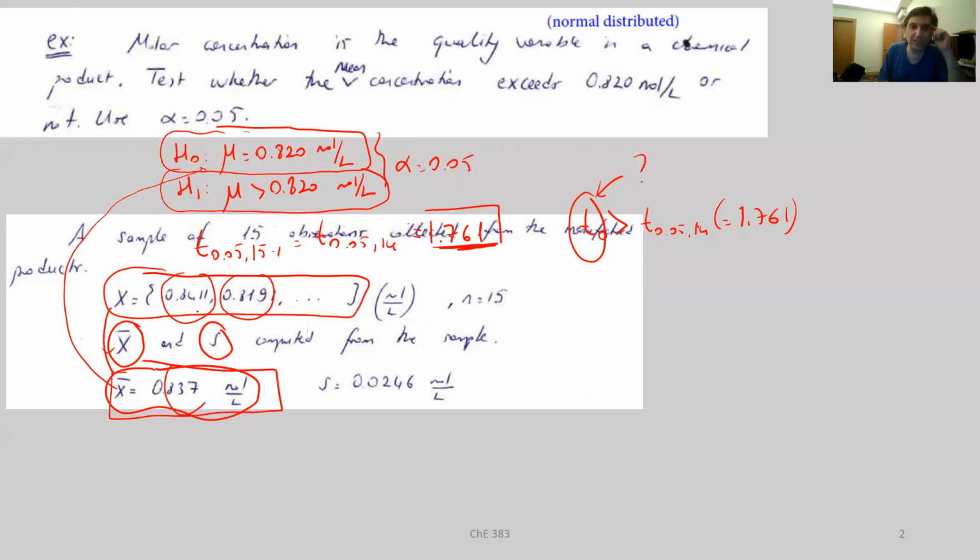And this will all depend on the population variance. Since it's not given here, it is going to be determined by the sample standard deviation, for which we use an estimate. So here we have already found S actually.